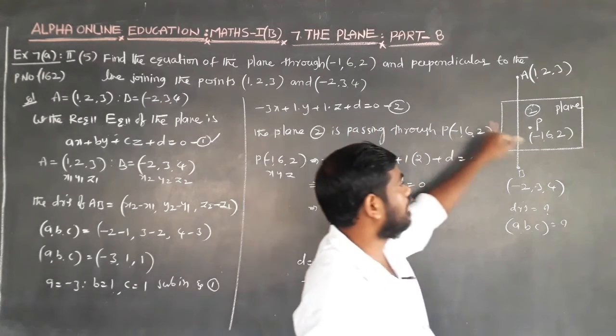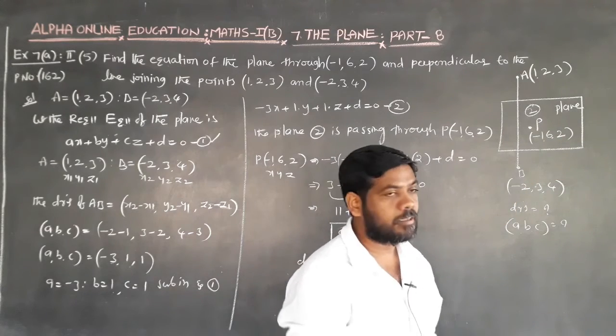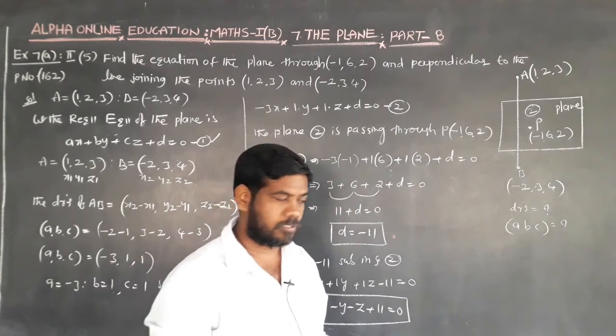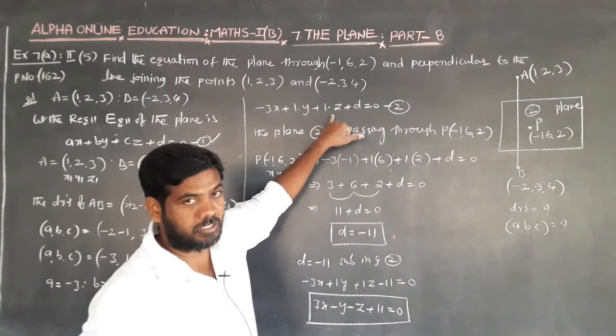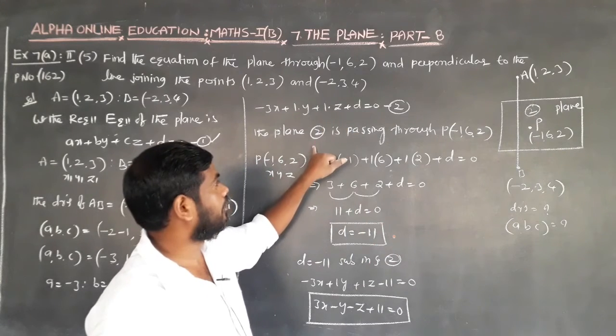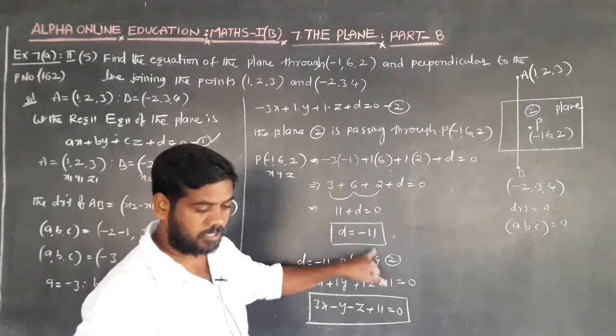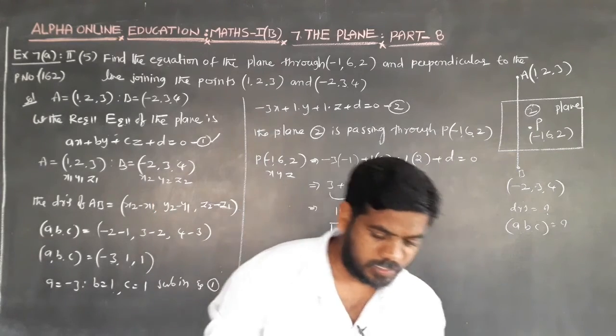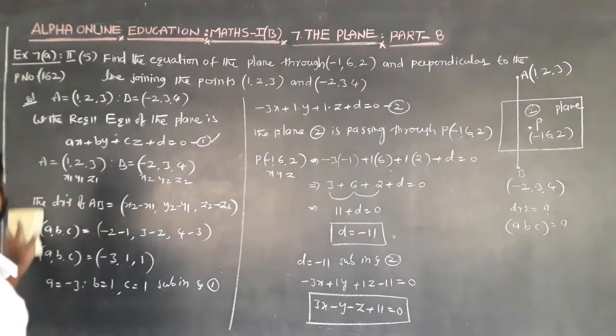A plane is passing through the point P (-1, 6, 2), so P lies on the plane. Substitute the P point on the plane to find the value d. This is the process.